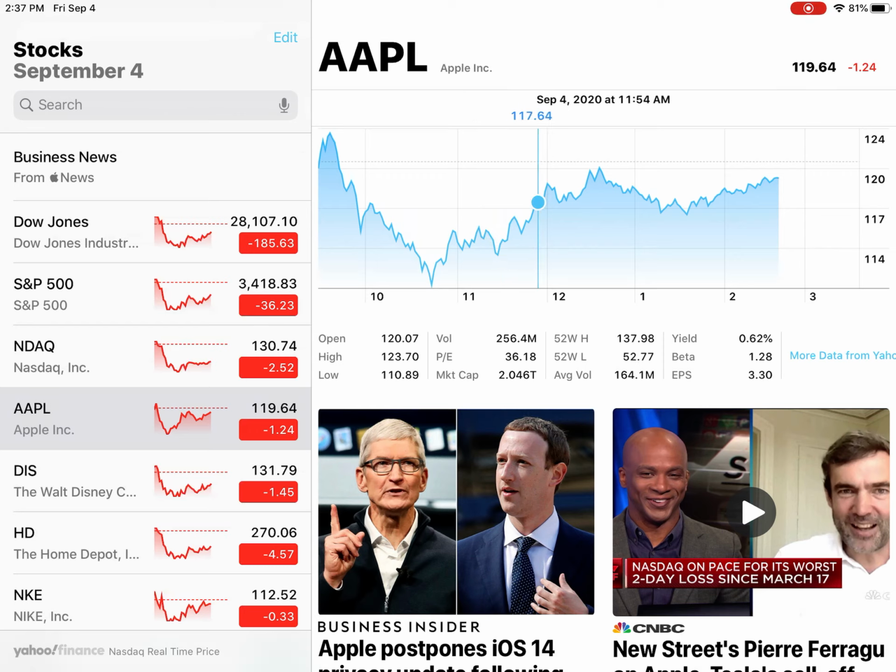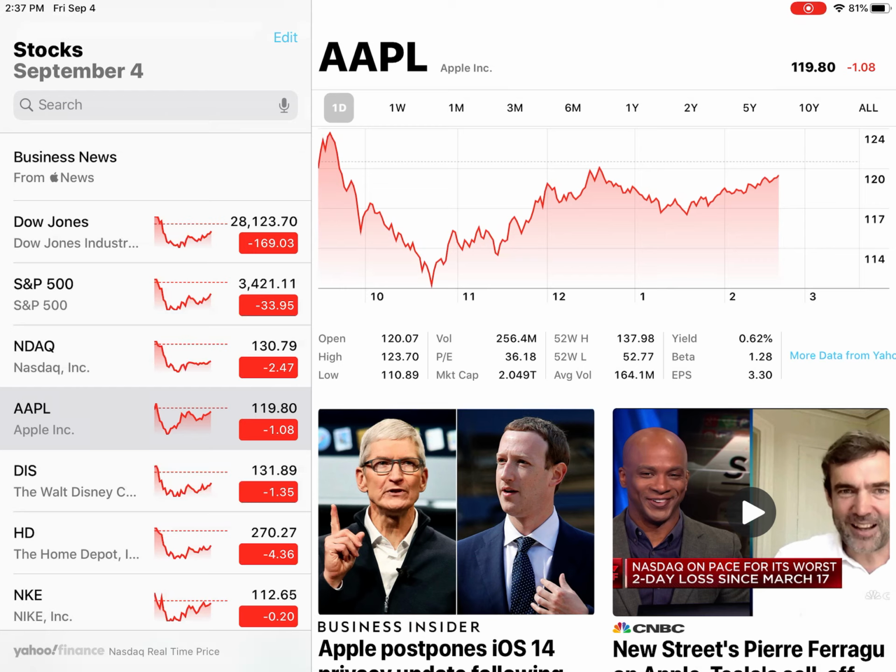So let's say I want to know how much it was at 10 a.m. I'm going to come over here to 10 a.m. and it shows me it was $116.87. It crashed for some reason around 10:43 at 111, but then you could see it gained some value back, and it's just been up and down all day. Just a little bit.